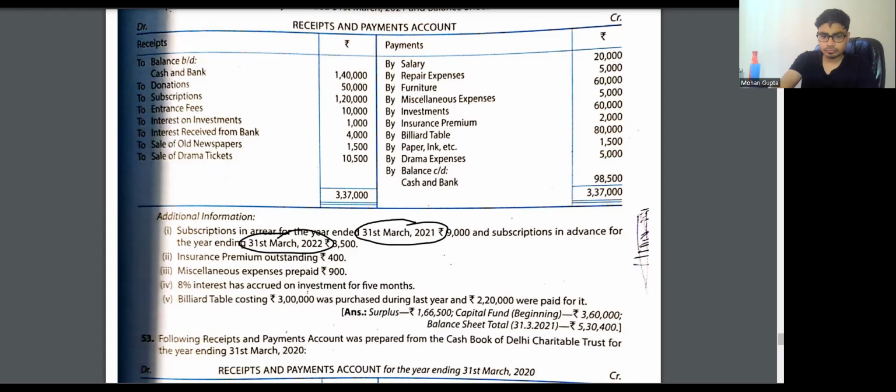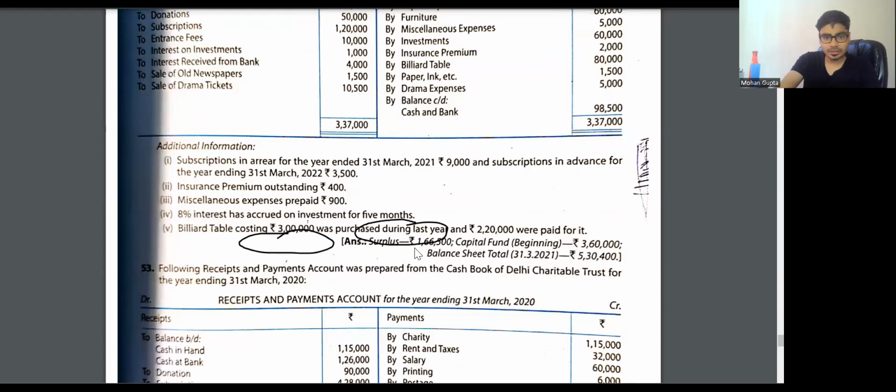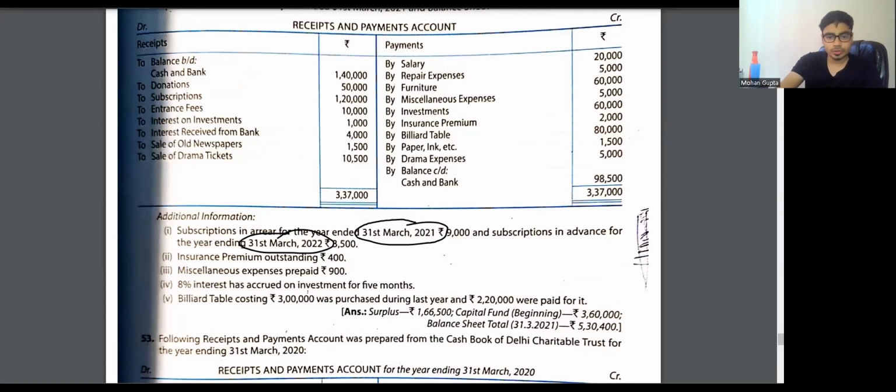It says subscription in advance for the year ending 2022 is 3,500. So the current year is 2021. No, actually, we did this correctly because this is the next year. So that's okay.